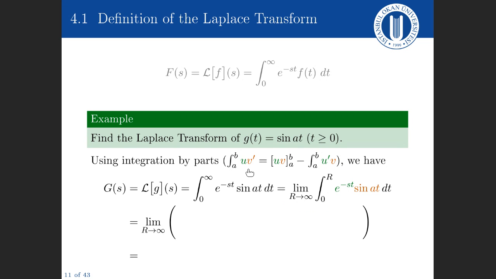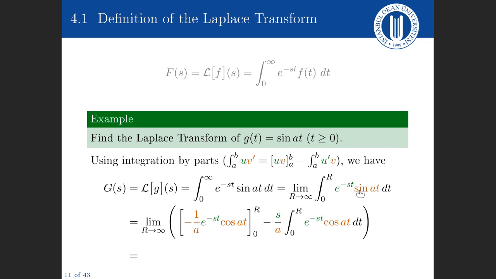What do we get when we do integration by parts? We get uv. So the green function is going to stay the same, and then the orange function will be integrated. The integral of sine is minus cos. So we're going to get minus e to the power minus st times minus cos here. And then in the second bracket, we differentiate the green function to get minus s e to the power minus st. And then we integrate the orange function.